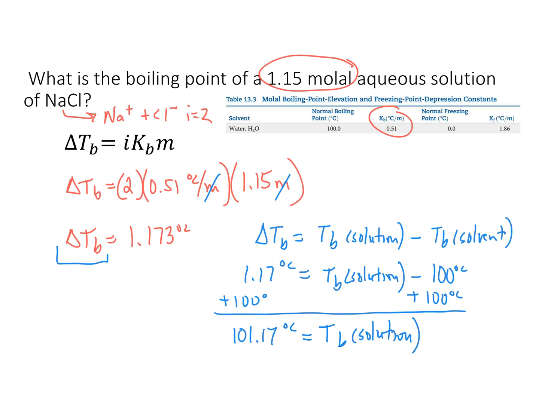So there's the catch to those calculations: we can't forget that the original solvent boiled at 100 degrees, and we calculated the change in boiling point to be 1.17 degrees Celsius. So my new boiling point is not 1.17. That's way too low for the boiling point of water. My new boiling point is the original boiling point plus that change, for 101.17 degrees Celsius.